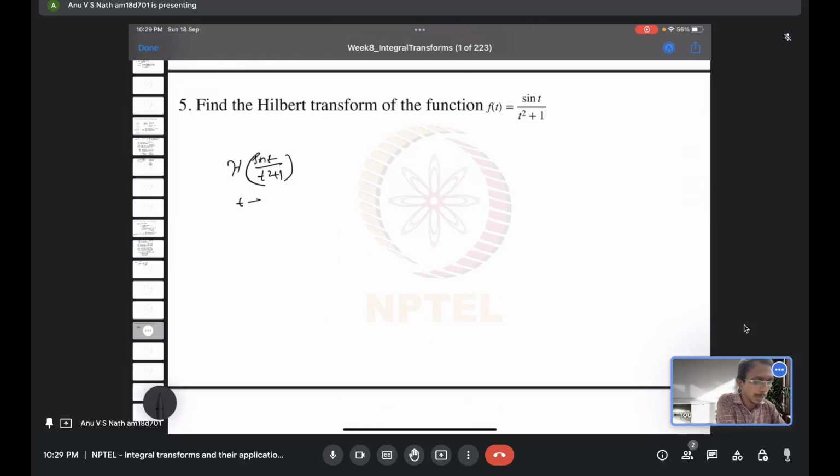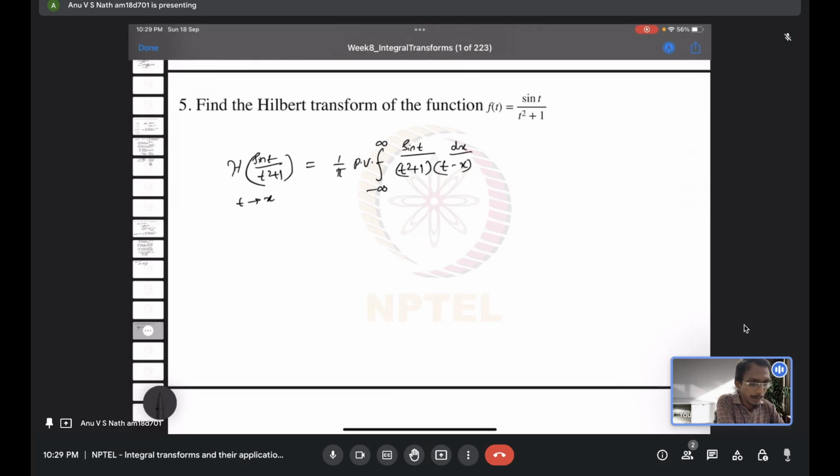Let's say t to x, you are taking the Hilbert transform. You should do 1 by pi times the Cauchy principal value integral from minus infinity to plus infinity of the function divided by (t minus x) dx. That's the integration.